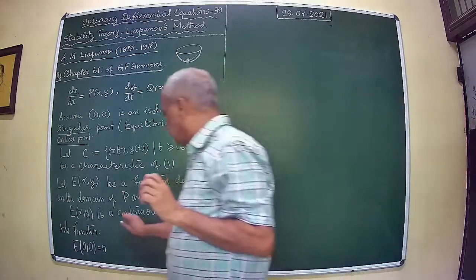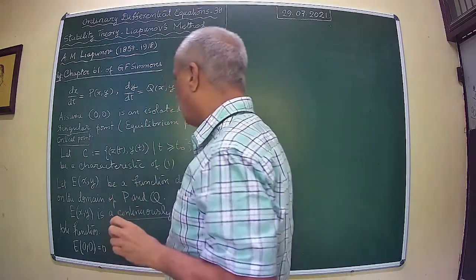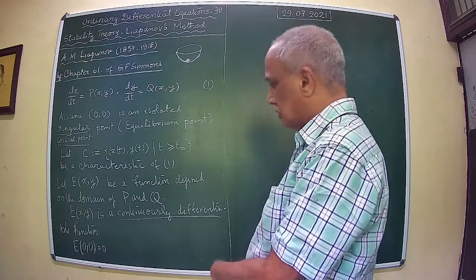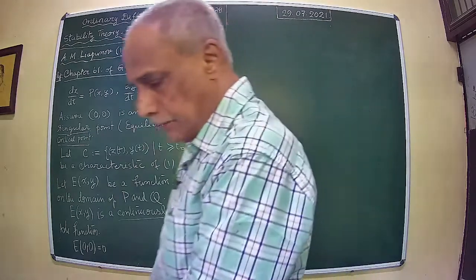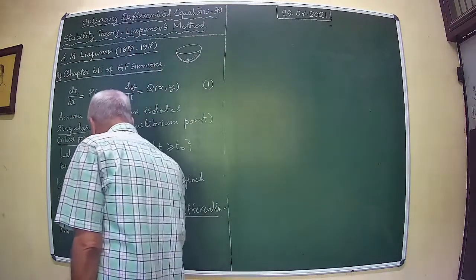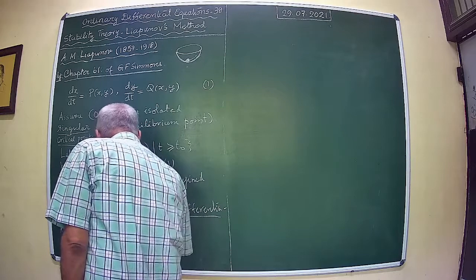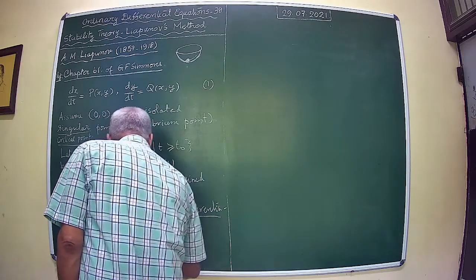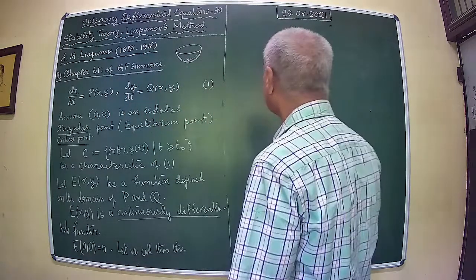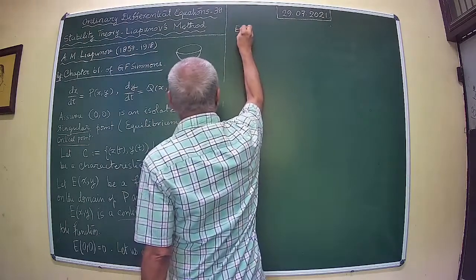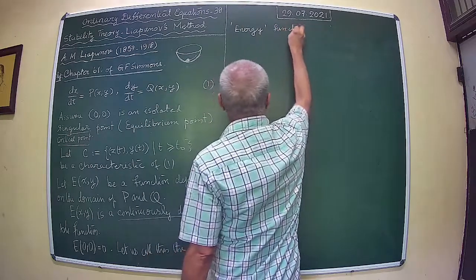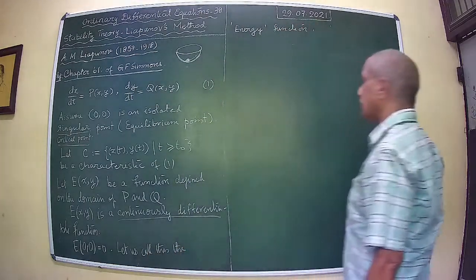So it's a continuously differentiable function defined on the domain, and E(0, 0) is 0. Okay. Apart from that, let us call this the energy function. This is called the Liapunov function, for the time being borrowing a term from physics.